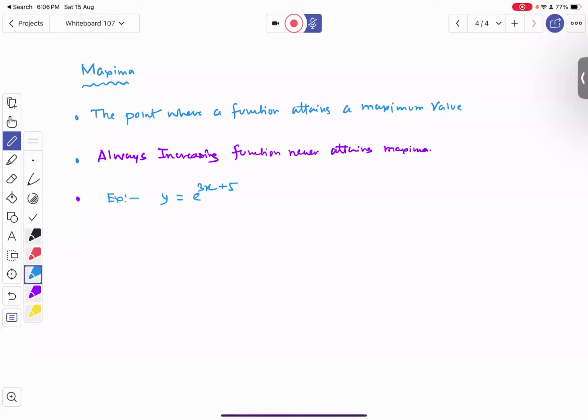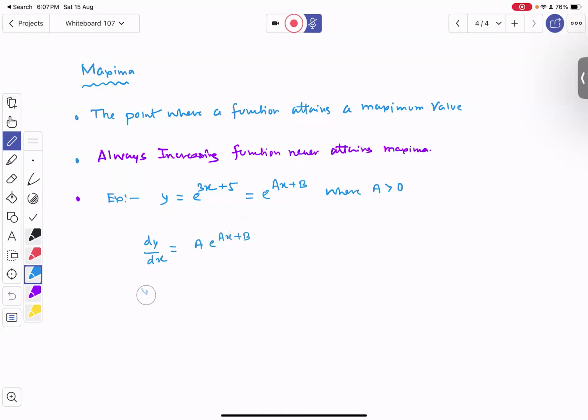Or anything, in general I'll write y equals e to the power ax plus b, where a is a positive constant, not negative. Then what will be dy by dx? Dy by dx will be a into e to the power ax plus b.